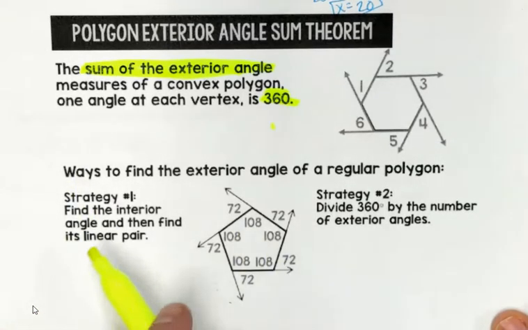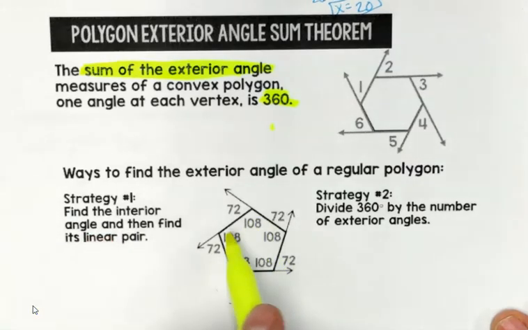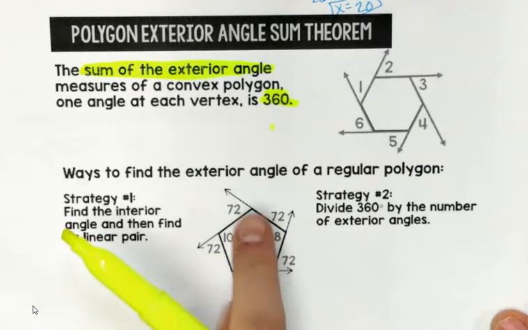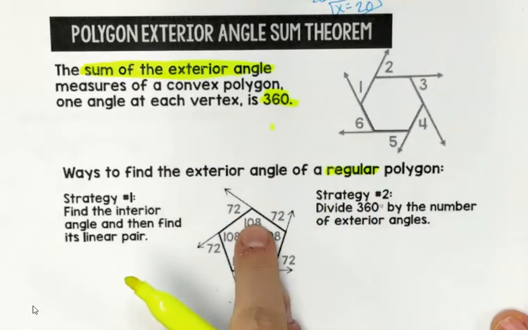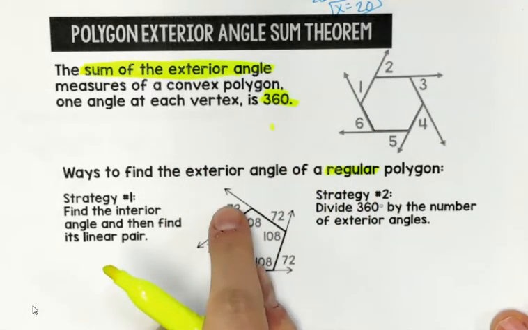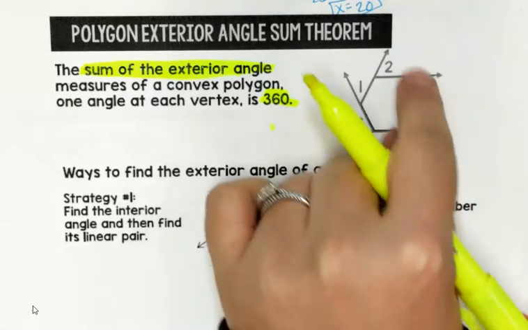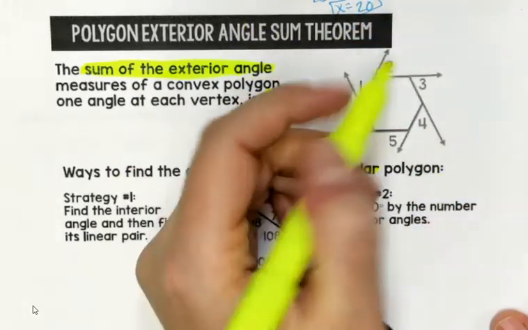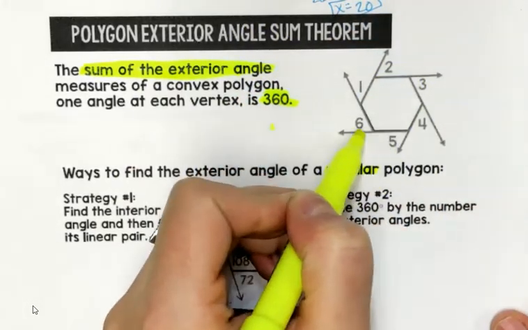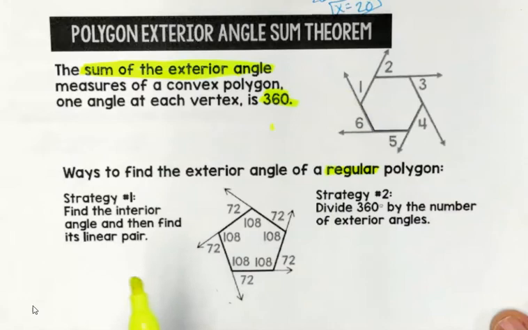There are a couple strategies that you can use to solve for this. One of the strategies is, if you have the interior angles, and this is for a regular polygon that this works, you can find the linear pairs to find the exterior angles. So if you look at how all these are drawn, you take the sides and extend the line each time, and it creates these exterior angles.